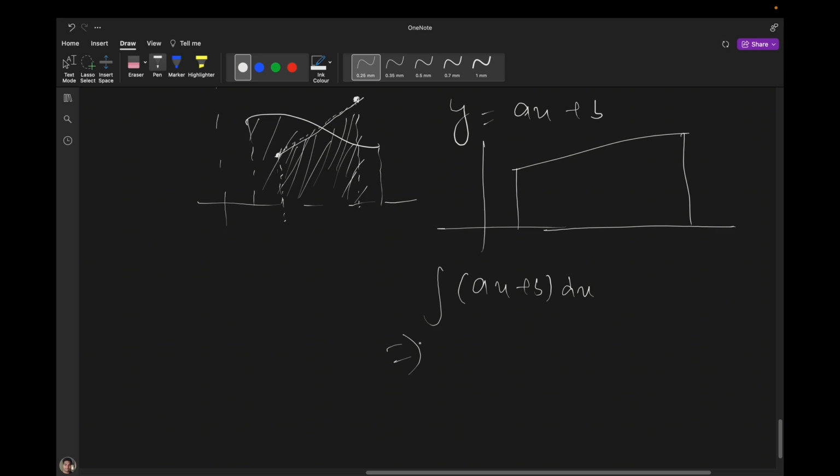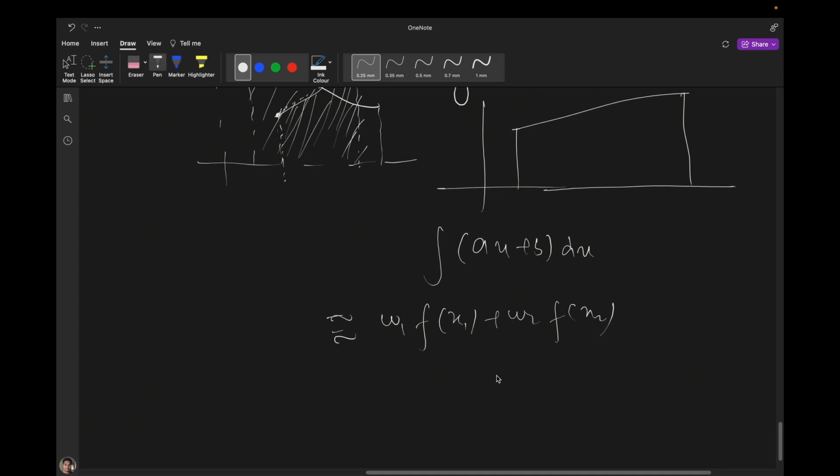But instead of integrating it, you are just computing w1 into f(x1) plus w2 into f(x2). Instead of the integration, you are doing just this, so the computational work is reduced very much. That is the advantage of the Gaussian quadrature.